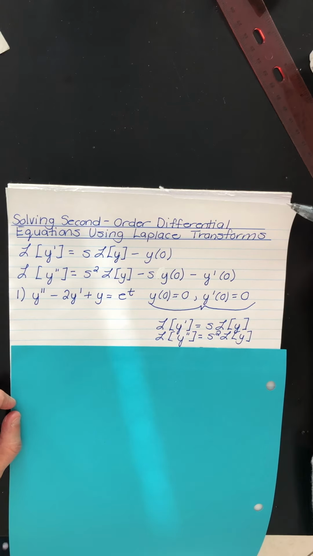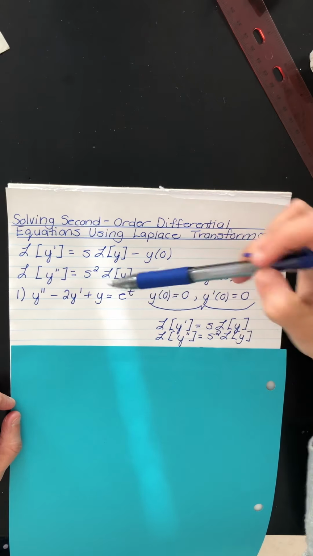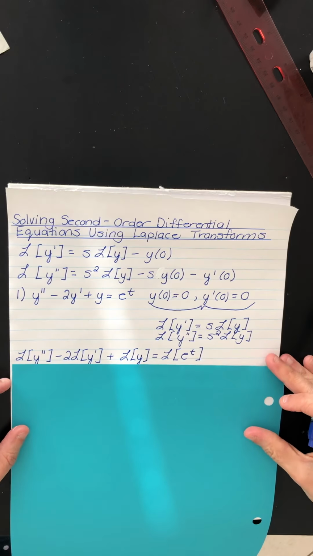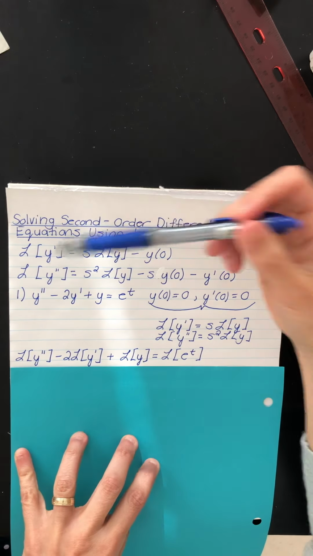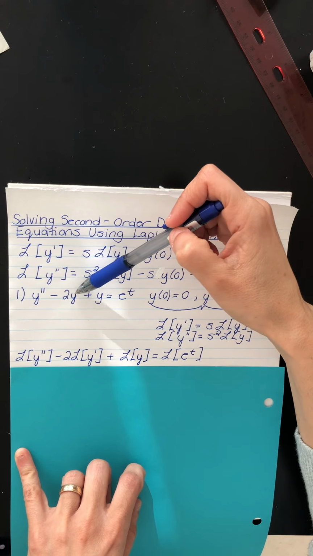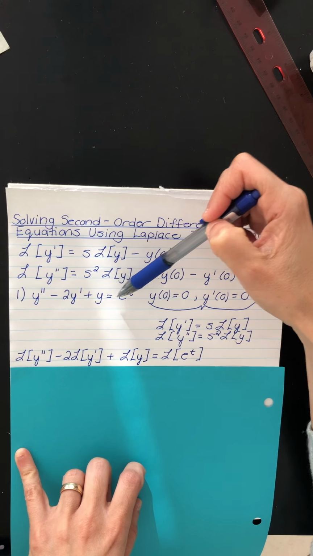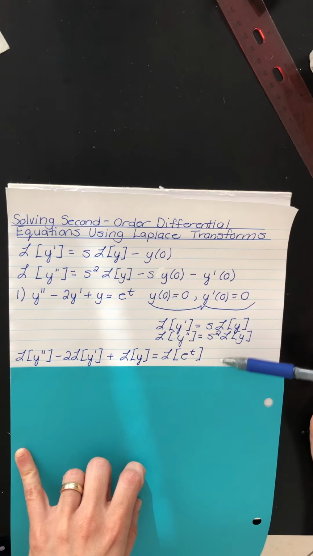Okay, we solve these just like we did the first order equations. And that is, we start by taking the transform of each and every term. Like this. The transform of y double prime minus 2 times the transform of y prime plus the transform of y is the transform of e to the t.